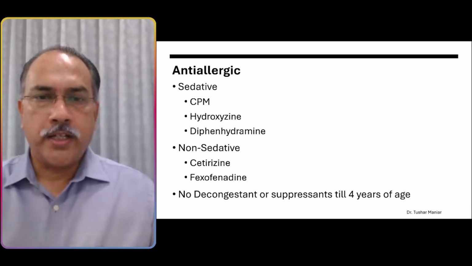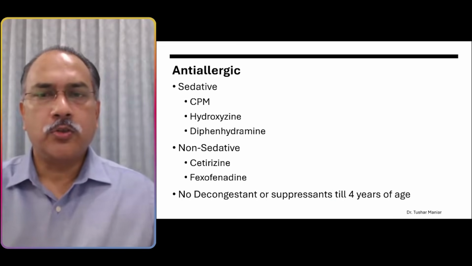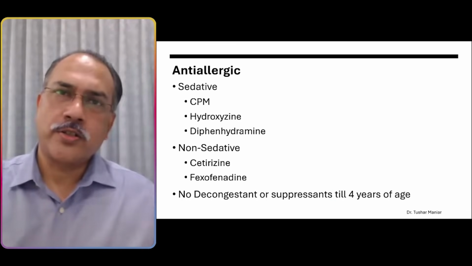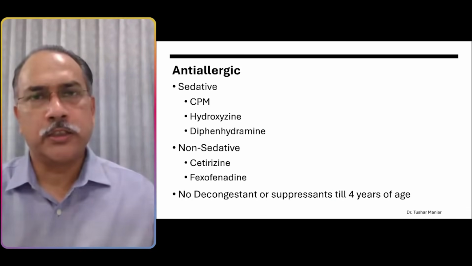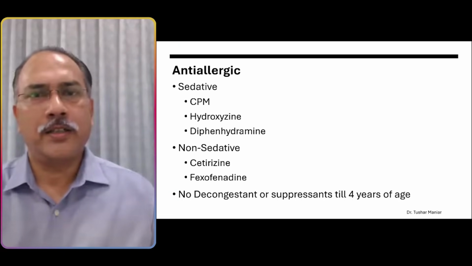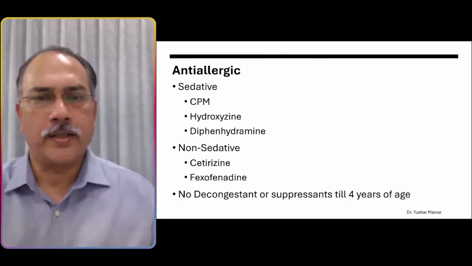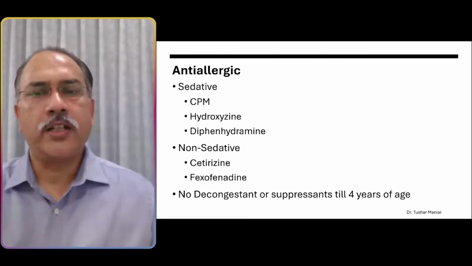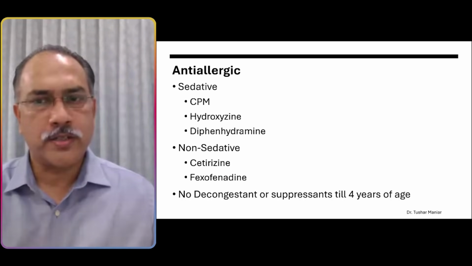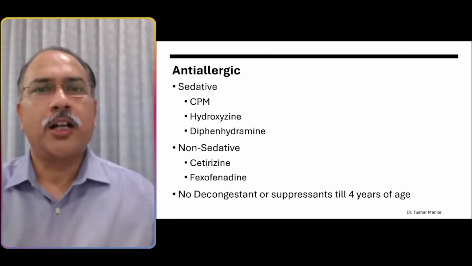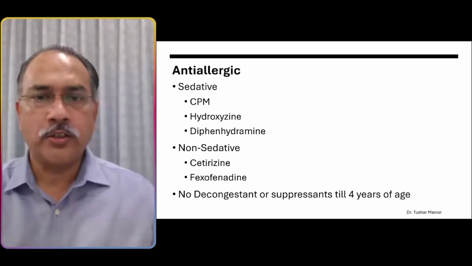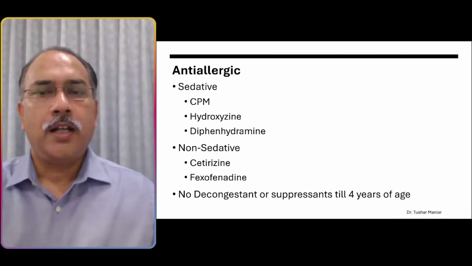Again, when you combine two antihistamines, be very careful. Don't combine cetirizine with hydroxyzine because one is the metabolite of the other and you will end up getting an overdose situation there. Please don't use decongestants and cough suppressants till 4 years of age. The government has also put a ban recently on the decongestants.